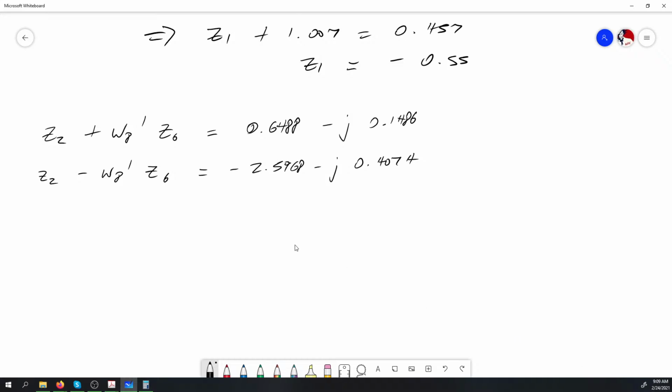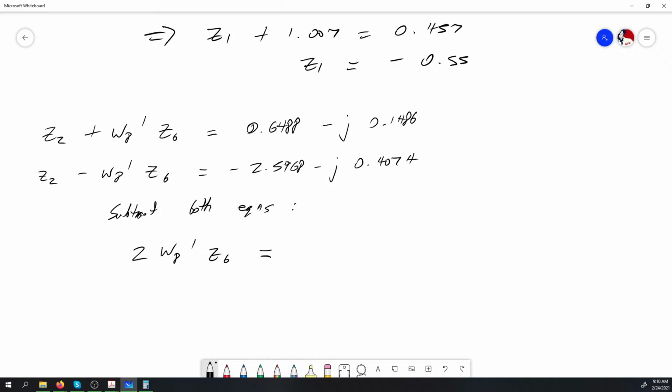Because this is basically a series of simultaneous equations, you can just go about subtracting the two equations. So Z2 minus Z2 gives us 0. W8 of 1 Z6 minus minus W8 of 1 Z6 means that's going to be 2 W8 of 1 Z6. And then we just need to do the subtraction of these complex values.